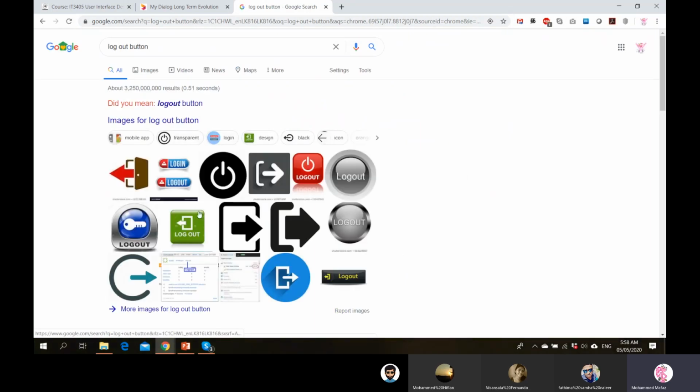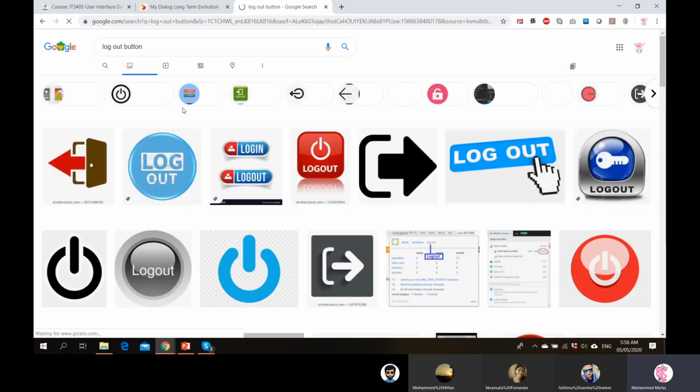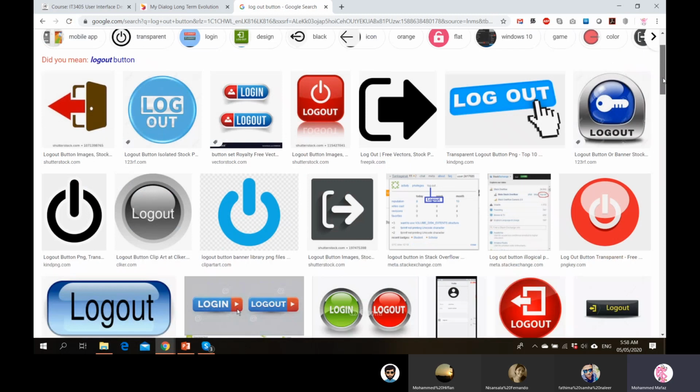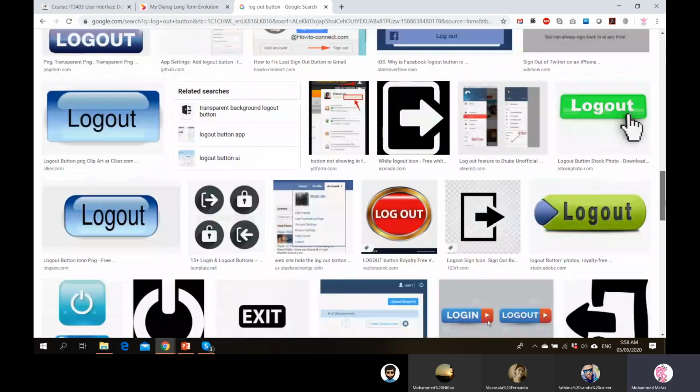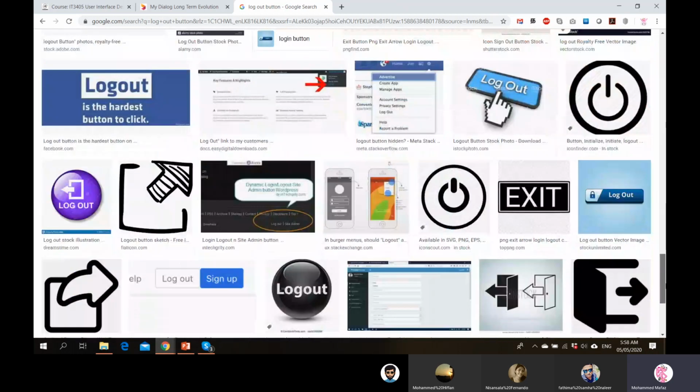Generally, we are more familiar with this kind of word, logout. Now they have a kind of icon where a user is going out like this. I don't know whether it is available here.